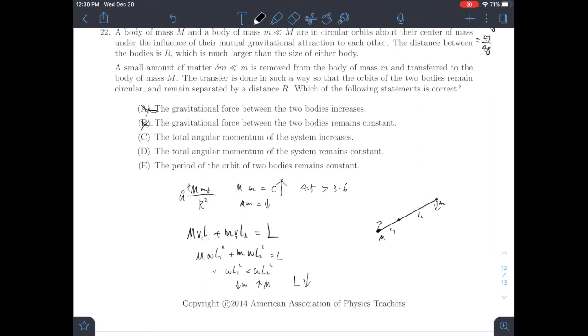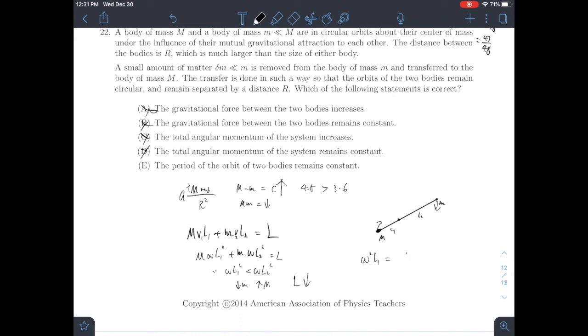Okay. What about number E? Actually, we can just choose number E now, but let's see why it is the case. The period of the orbit of the two bodies remains constant. Is it? So first, let's calculate the period. Well, we know omega squared times L1, let's use the bigger mass as a case, is the centripetal acceleration.